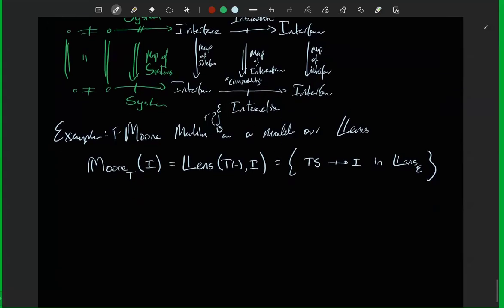Okay. Right. So now why does a Moore machine get acted upon by this? Well, as we've seen, we've been seeing these diagrams the whole time. If I write TS to I here, and this is TS' to J, and now I need more colors, then we have our notion of map, like this.